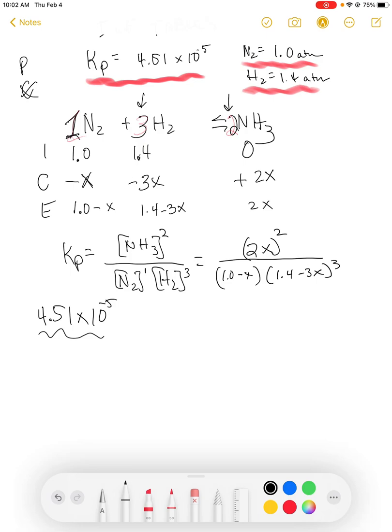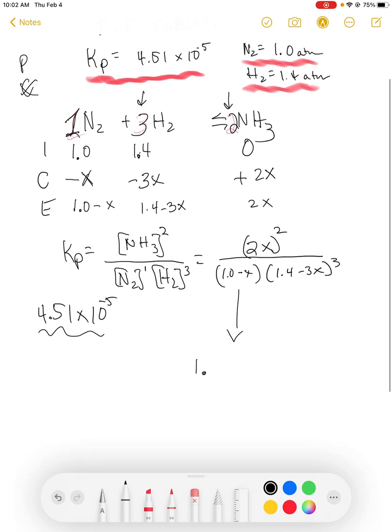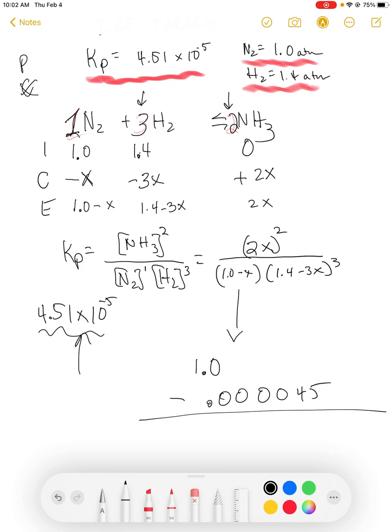So let's just say that we've got 1 atmosphere, and it's only going to change by this amount, 0.0000451. Even if we put another sig fig on there, is that 1 going to change at all? No, it's still going to be 1.